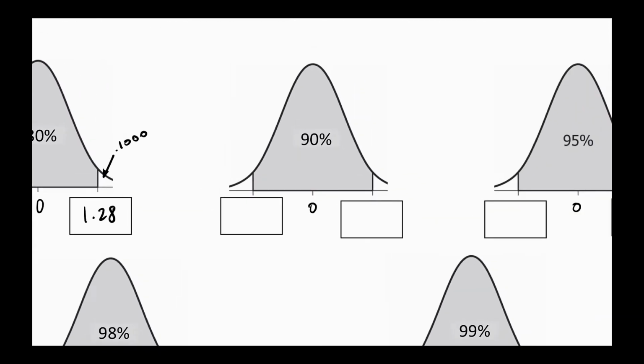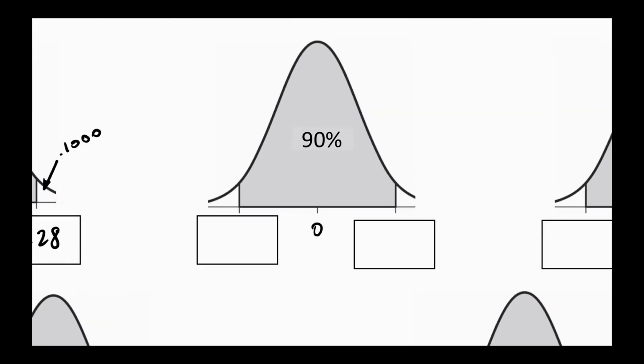Okay, so 90%, similar to 80, except a bigger proportion is in the middle. So what percent is here, and what percent is here? 5% here. And then he just said the 5% here, right? So we do it the same way, and we get a negative. What do I get? 1.64.